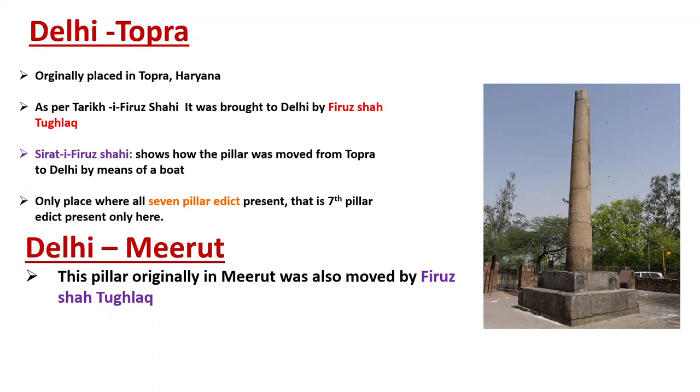It is very important to note that all 7 pillar edicts of Ashoka are present only here. There is also the Delhi Meerut pillar, which is present in Delhi, and this was also moved by Firoz Shah Tughlaq from Meerut in UP to Delhi.